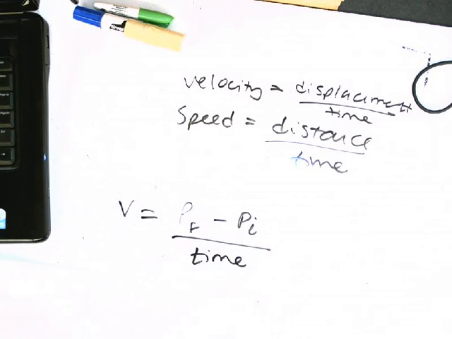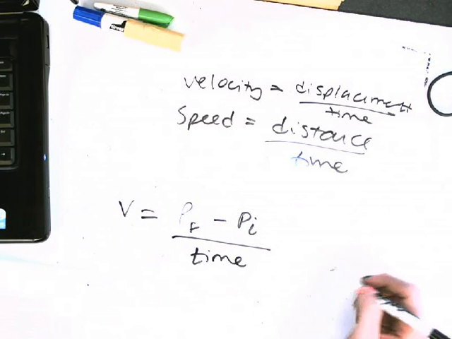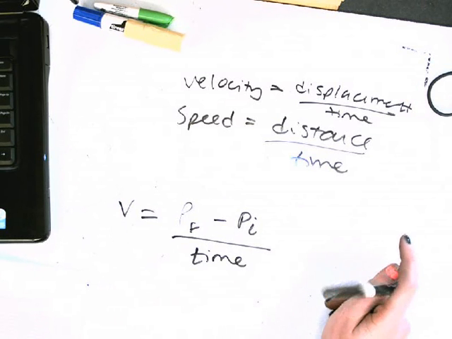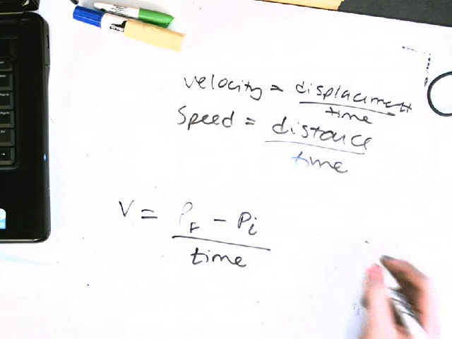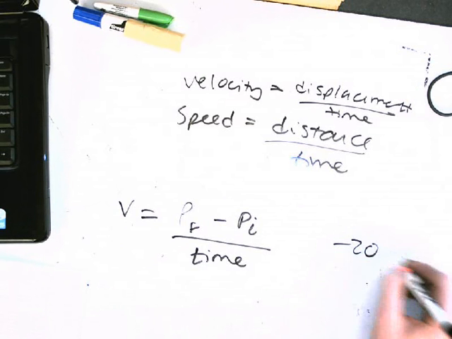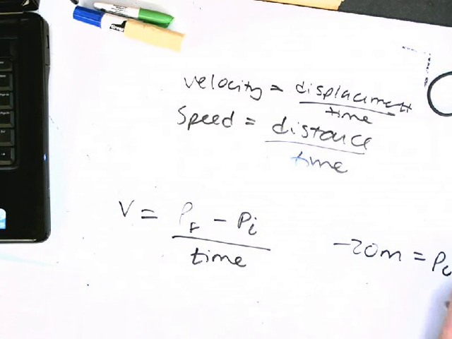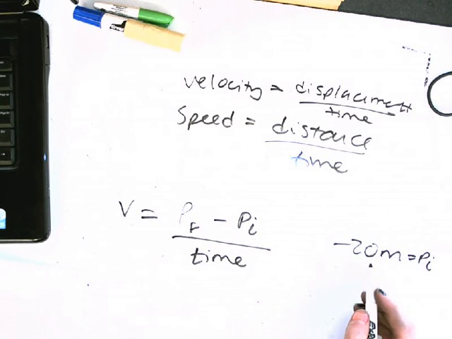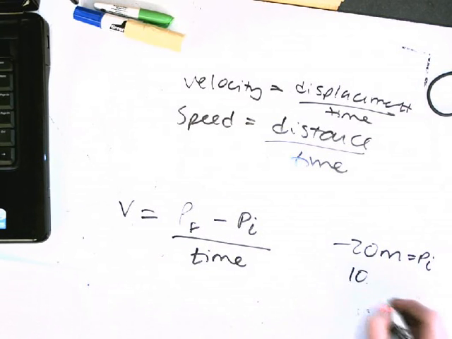So, for example, say your initial position is negative 20 meters. Then, say your final position is 10 meters, and the time it took was 10 seconds.